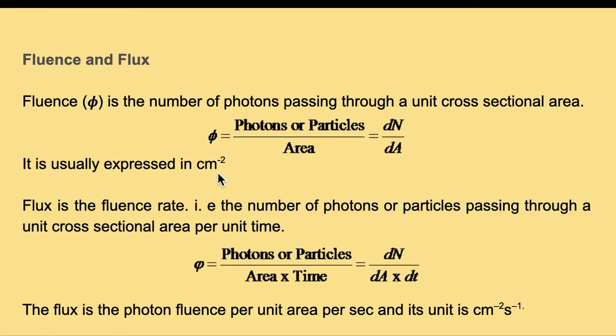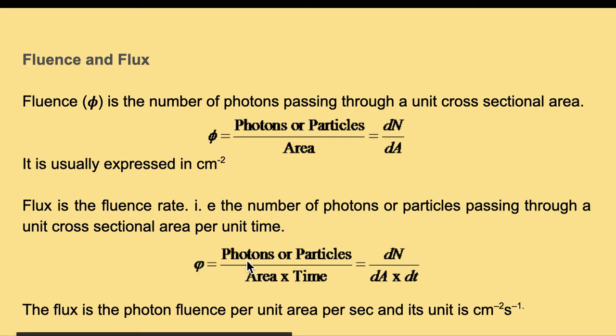And now flux is the fluence rate, and fluence is number of particles passing through unit cross sectional area, and that divided by time will give you flux. So flux is the number of photons or particles passing through a unit cross sectional area per unit time. So this you are writing as small letter phi, this is capital letter phi.